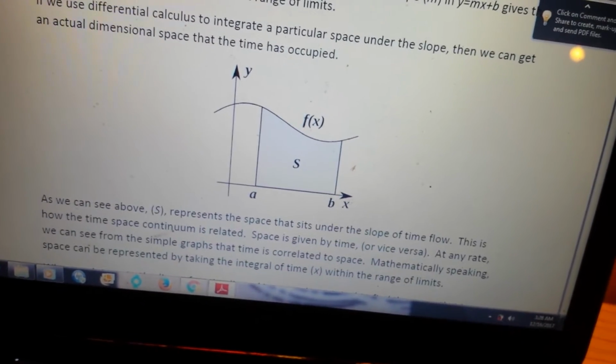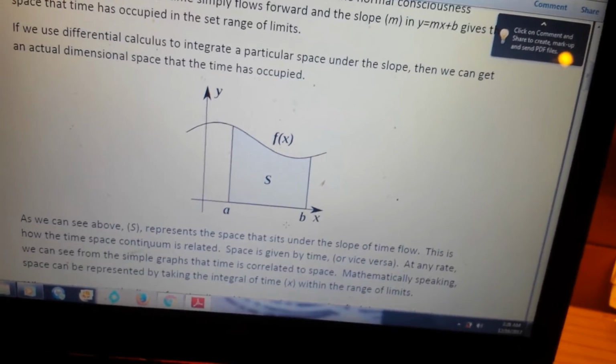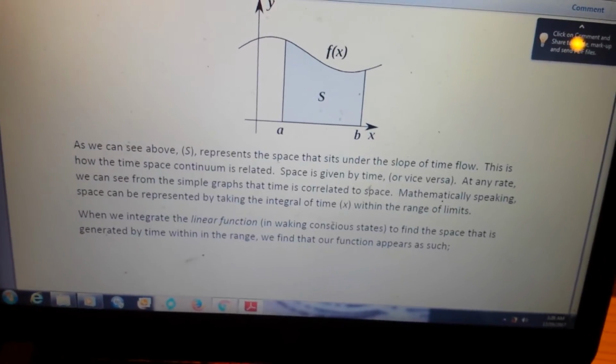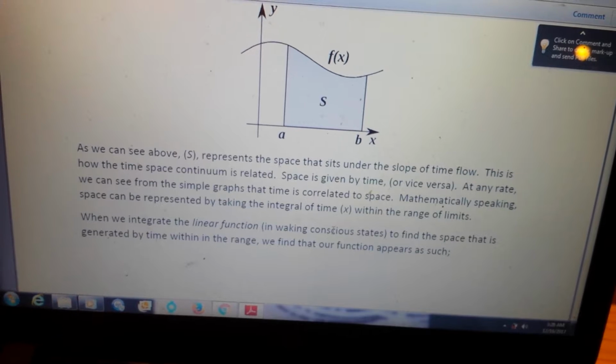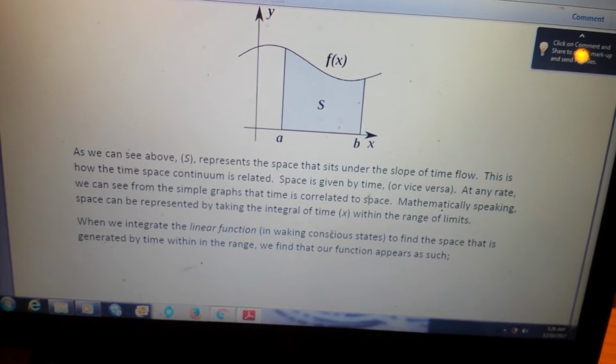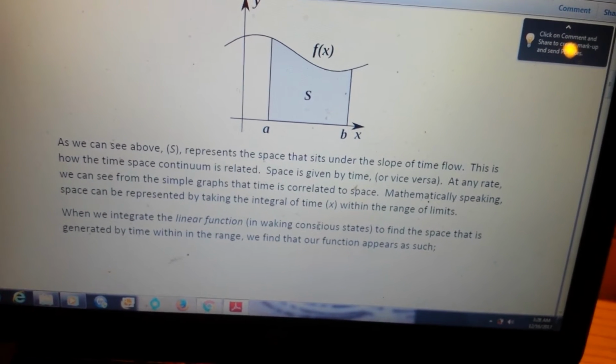This is integrating f of x over a and b, and you get s. So s represents space that sits under the slope of the flow of time. This is how the space-time continuum is related. Space is given by time, or vice versa.